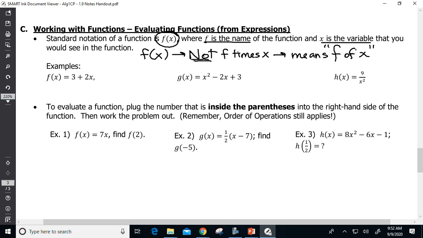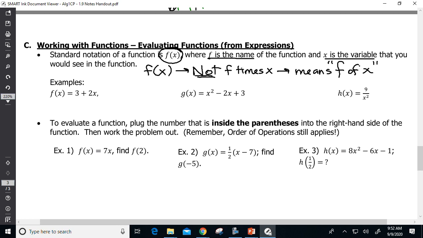So, you can name it however you want. For example, in the case of Naomi, Noah, and Nyla, I could name a function for all three of them. Their function is n of x. N is the name, x is the variable that you would see in it. I can name a function for Sam and Sinai: s of x.